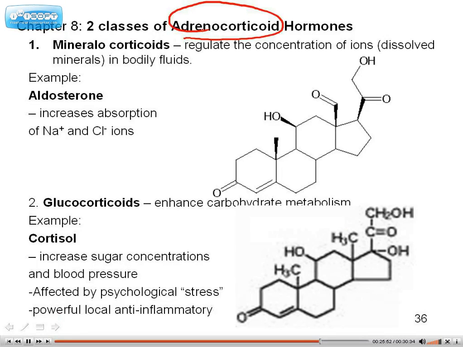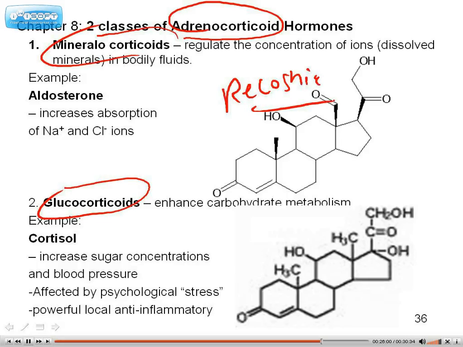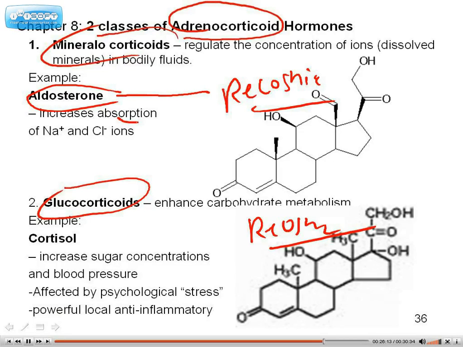We have mineralocorticoid and glucocorticoid. Here are two examples I could give you. Recognize the structures. I'm not going to ask you to sketch them, but recognize the structures. This is aldosterone. Mineralocorticoid, think the name mineral. It affects the absorption of minerals, aka salts, such as sodium chloride.